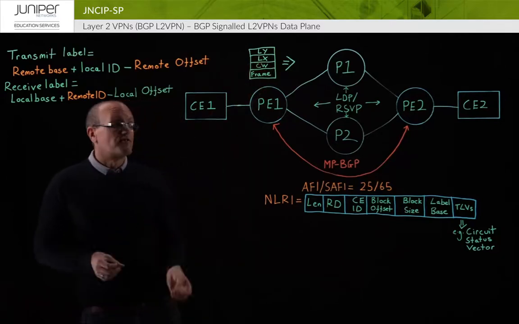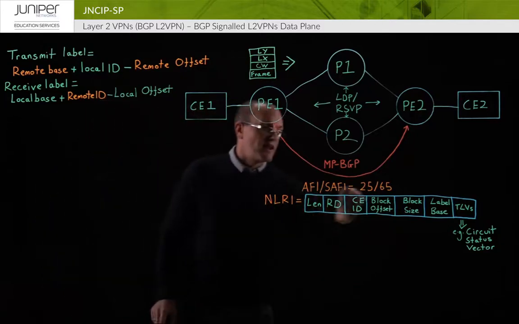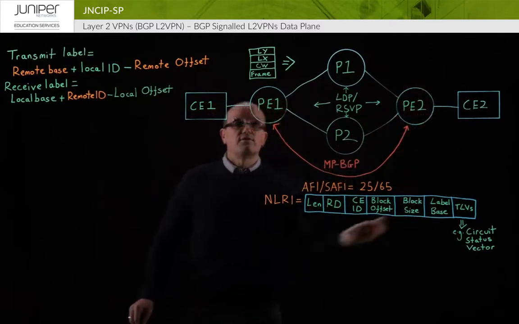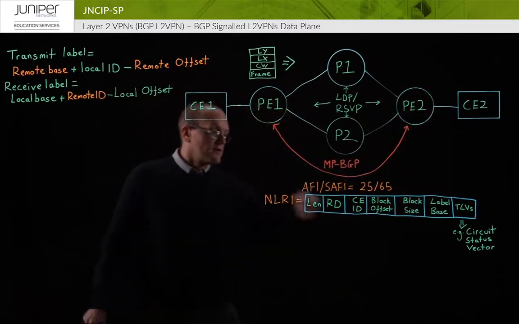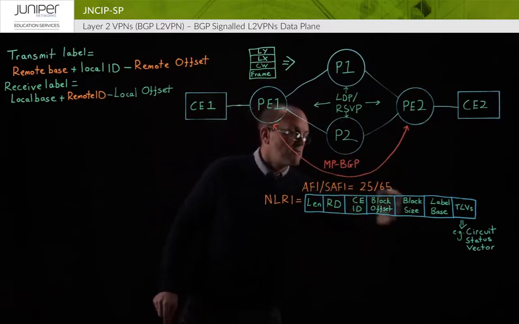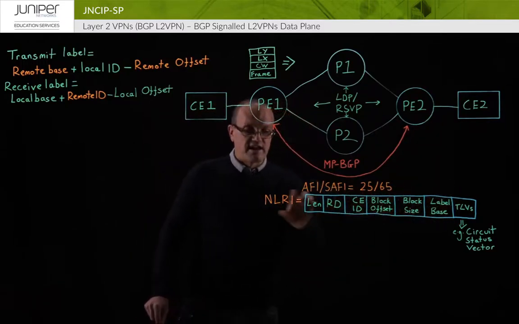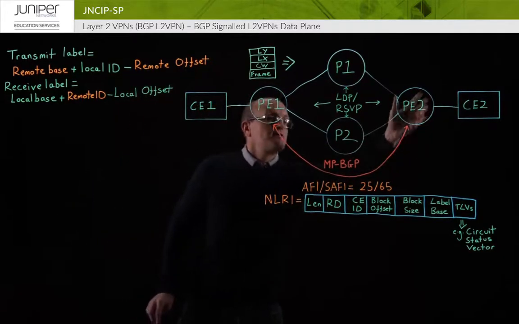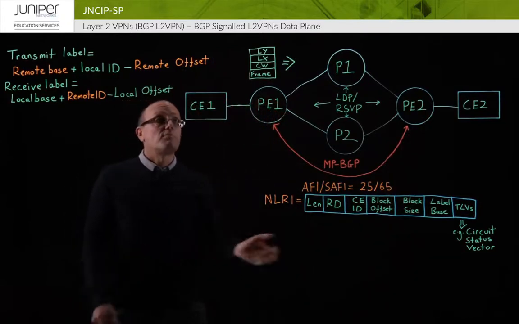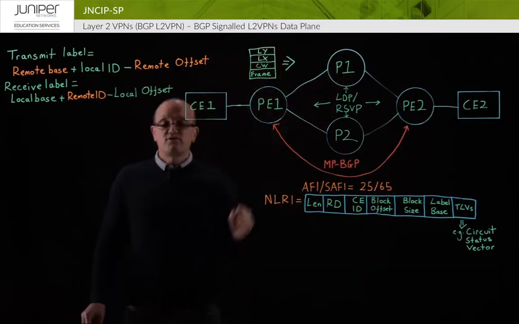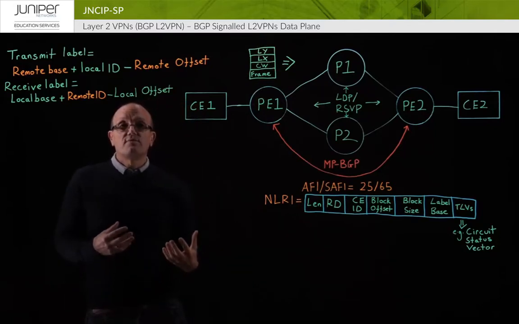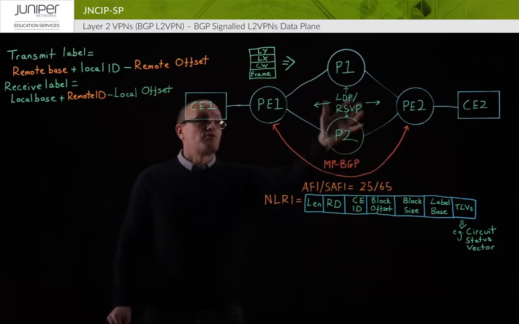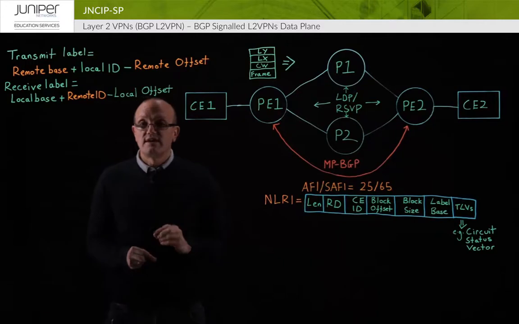As I've mentioned, we are advertising this NLRI from PE1 to PE2 and vice versa from PE2 to PE1. And the CE ID and these label block values, all contained within the NLRI, are used by the PEs to calculate the label to apply to a packet for transmission, and also to calculate the label that should be received when that packet has been received from the MPLS core for transmission onto the CE.